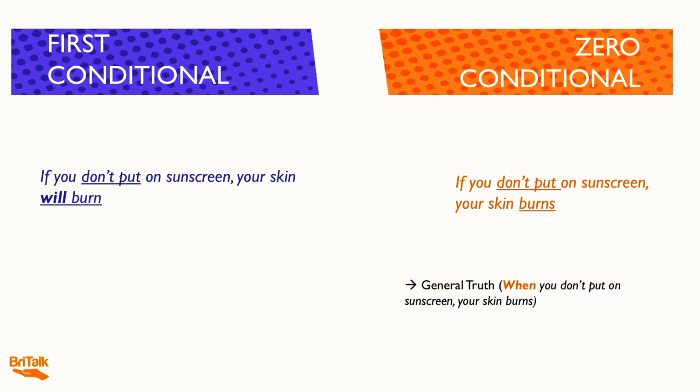Quindi qui, invece, magari stai parlando ad uno come me con le lentiggini e la pelle chiara che viene in una spiaggia italiana per la prima volta e mi dici guarda, con la tua pelle sensibile, se tu non metti la crema ti scotterai. Quindi qui non stiamo parlando di un fatto generale, una routine, ma piuttosto una condizione basata su una situazione reale che avrà un risultato nel futuro.